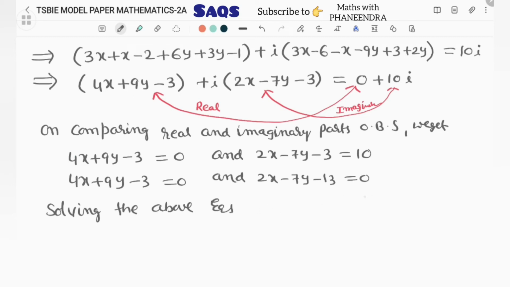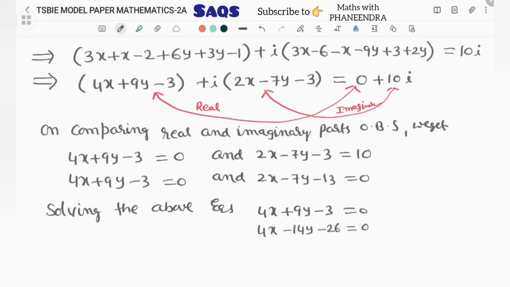So the second equation, multiplying by 2. 4x plus 9y minus 3 equal to 0, 2x minus 7y minus 13 equal to 0 is there now. So multiplying by 2 to get the same values, 4x minus 14y minus 26 is equal to 0.